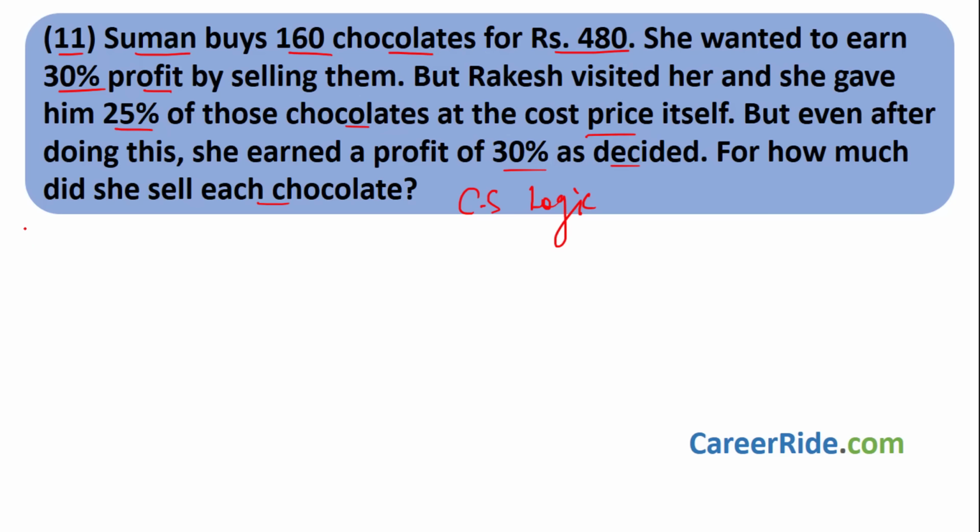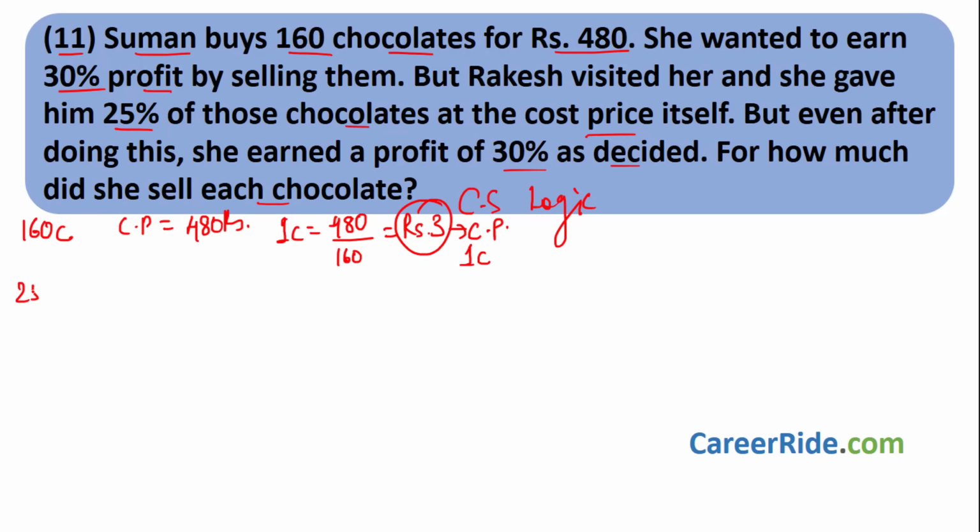Let us see how. Suman bought 160 chocolates. The cost price for those chocolates is 480 rupees. So one chocolate was bought for how much? One chocolate price is 480 divided by 160, that is rupees 3. This is the cost price for one chocolate. Now Rakesh visited her. She gave 25% of the chocolates to Rakesh at the cost price.